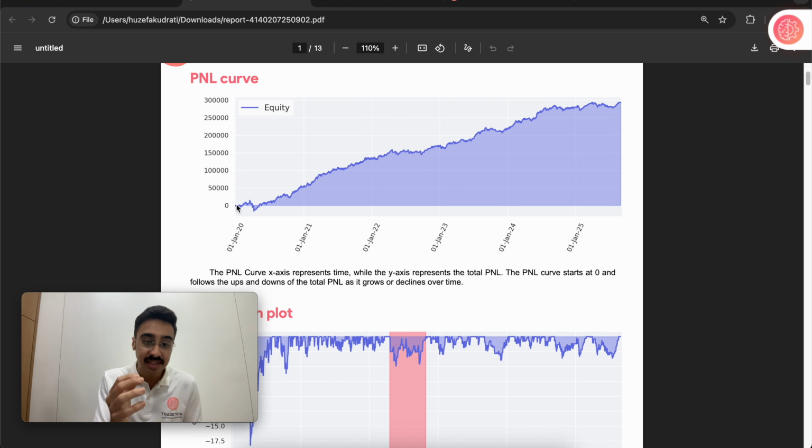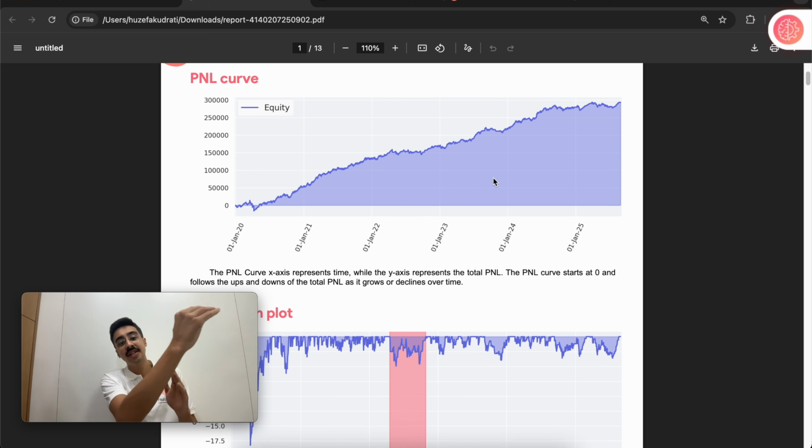Now, because of these kind of thoughts in your mind, you would want to stop that strategy, play around with numbers, or do something differently. But what you need to realize is that this was the normal course of action of that strategy, right? So the drawdown is basically giving you a number that you are comfortable with, that historically this strategy has given a drawdown of, let's say, 50,000.